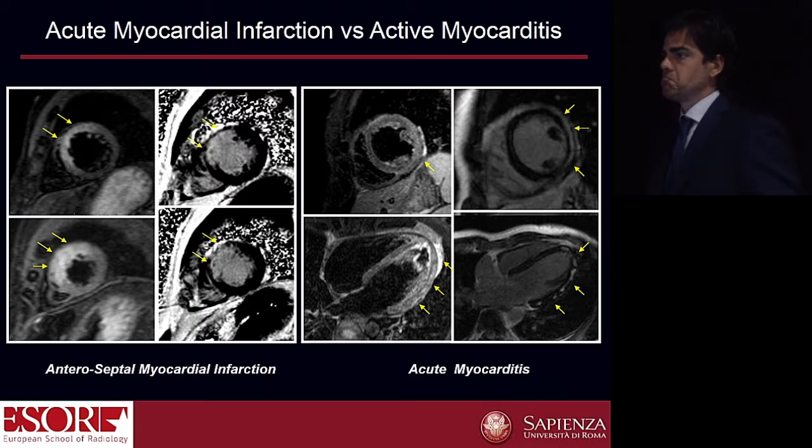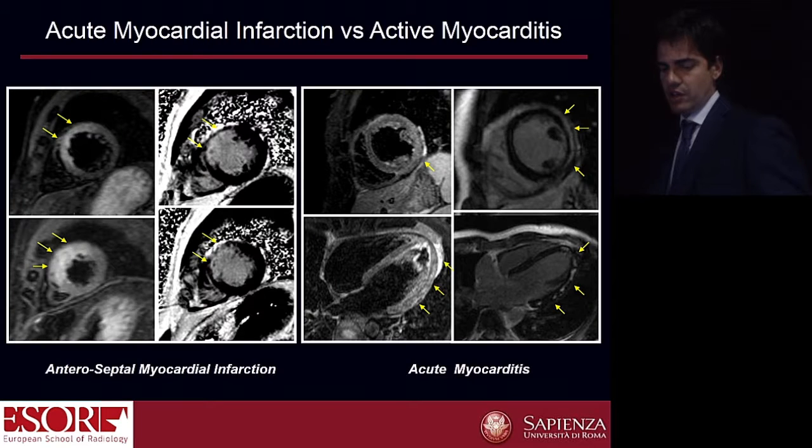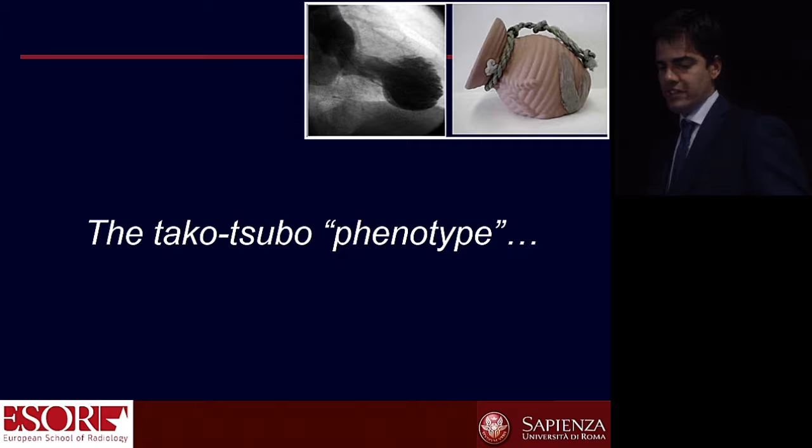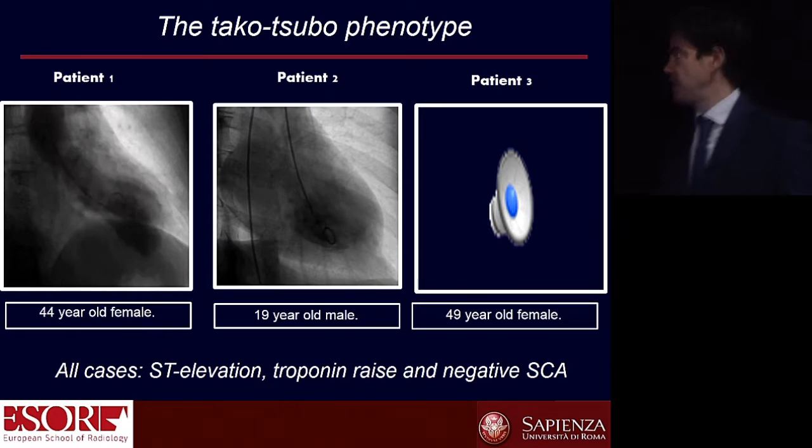Second case is called the Takotsubo phenotype. Another series of cases in which MR changed completely the patient's management. All patients had a clinical history of troponin raise, negative selective coronary angiography, and ST elevation with chest pain.